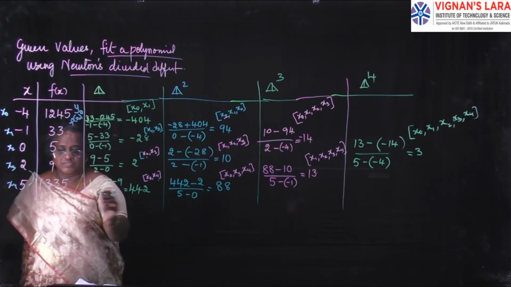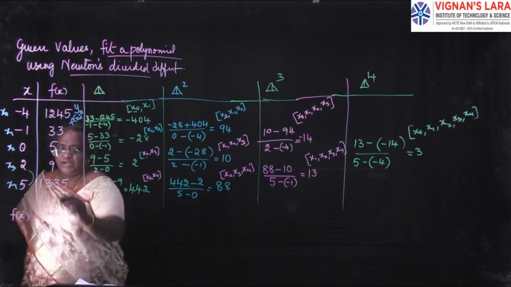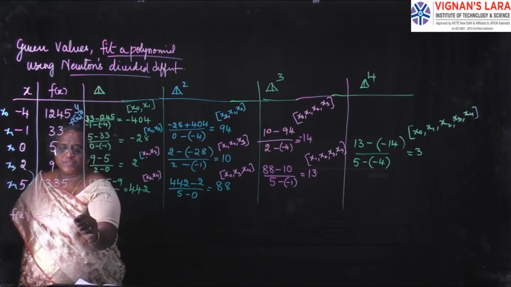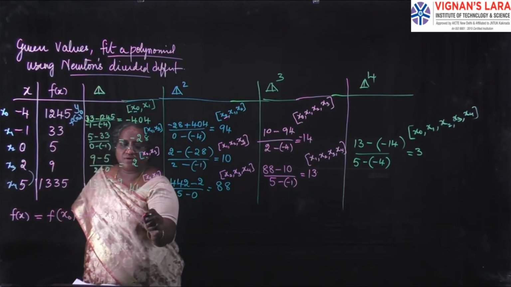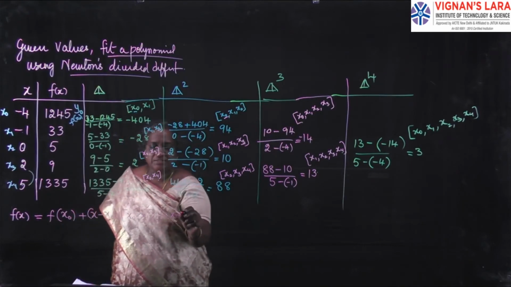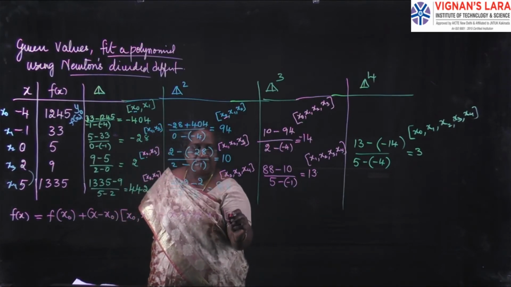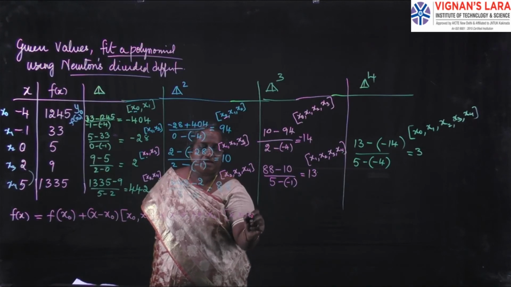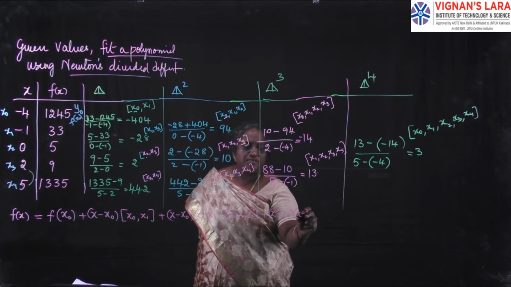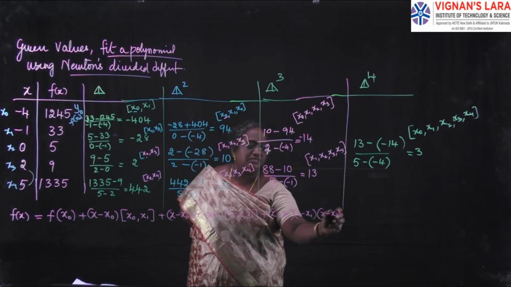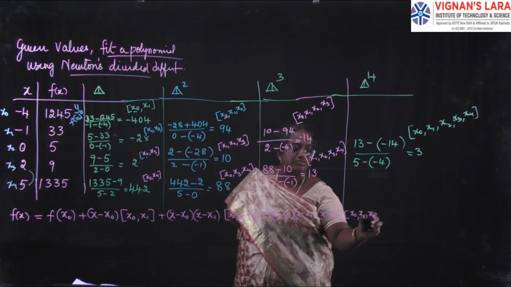What is Newton's divided difference formula? f of x is equal to f of x naught plus x minus x naught into the first divided difference of x naught, x1, plus x minus x naught, x minus x1 into the second divided difference of x naught, x1, x2, plus x minus x naught, x minus x1, x minus x2 into the third divided difference of x0, x1, x2, x3.